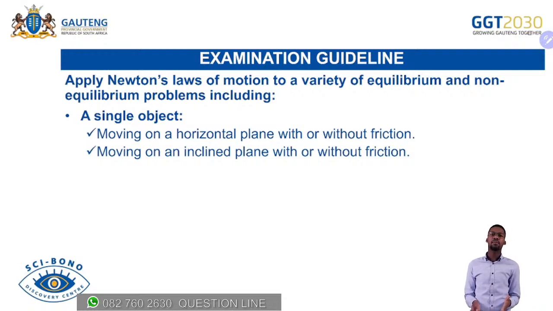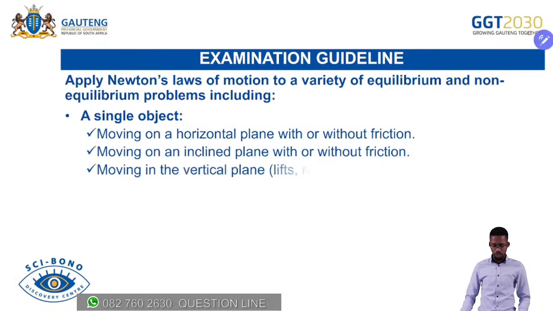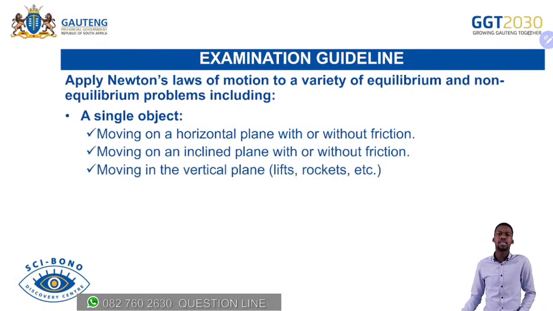Here the exam guideline is telling us where the question will arise from. The examiner will choose either a single object moving horizontally with or without friction, or a single object moving on an inclined plane with or without friction, or a single object moving vertically. So the examiner can choose any scenario here.